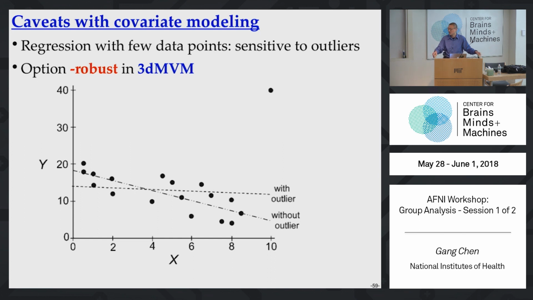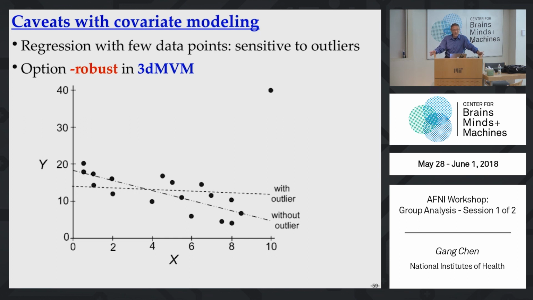That's a little bit harsh and also arbitrary, because there's no basis to make such a decision. It's pretty much like a thresholding. A better way is to adopt an approach called robust regression. You don't remove them, instead you downweight those outliers. That is available as an option in 3dMVM.